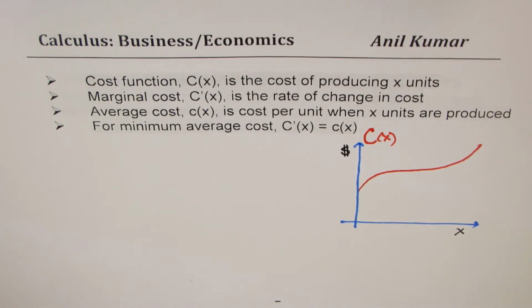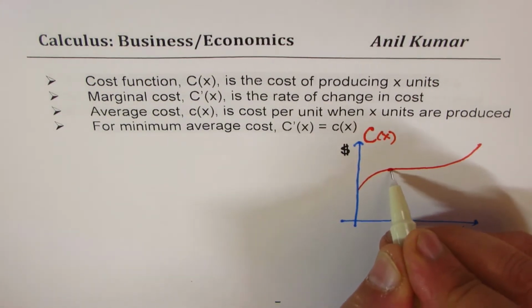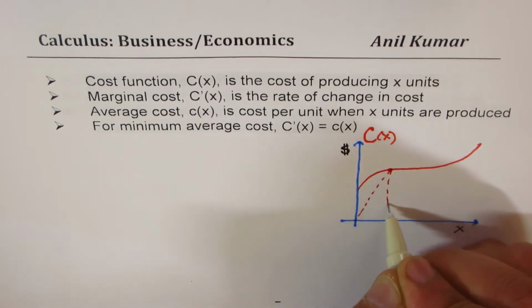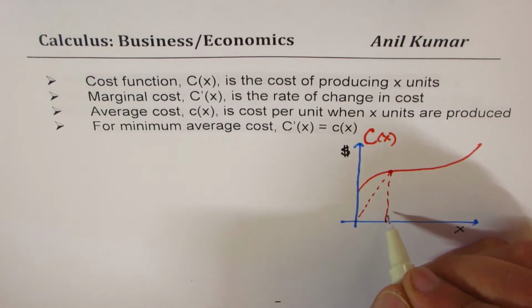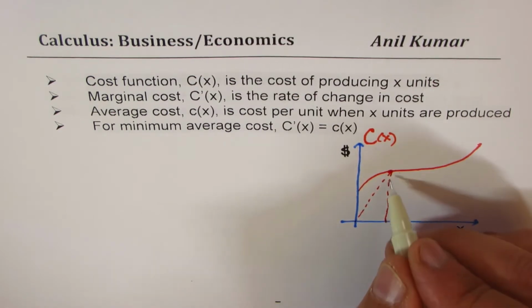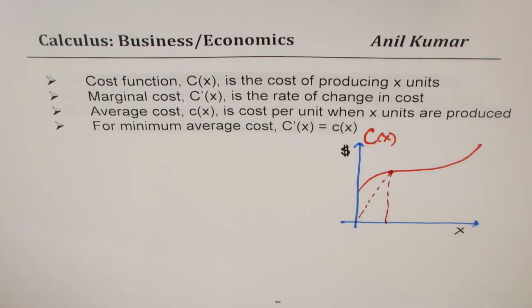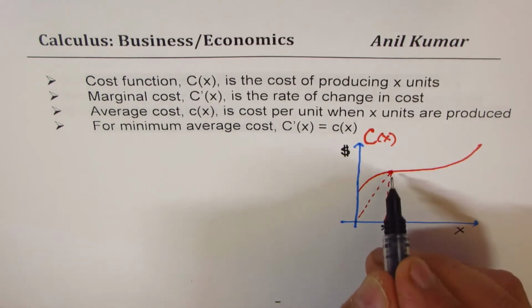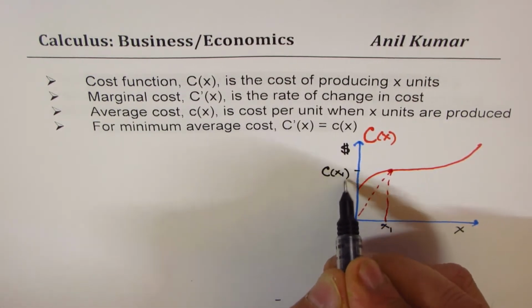Now it really means that at any particular point, let's say at this point here, the cost is capital C of x, and here we have produced, let us say, x1 items. At this point, let us say the cost is capital C of x1.